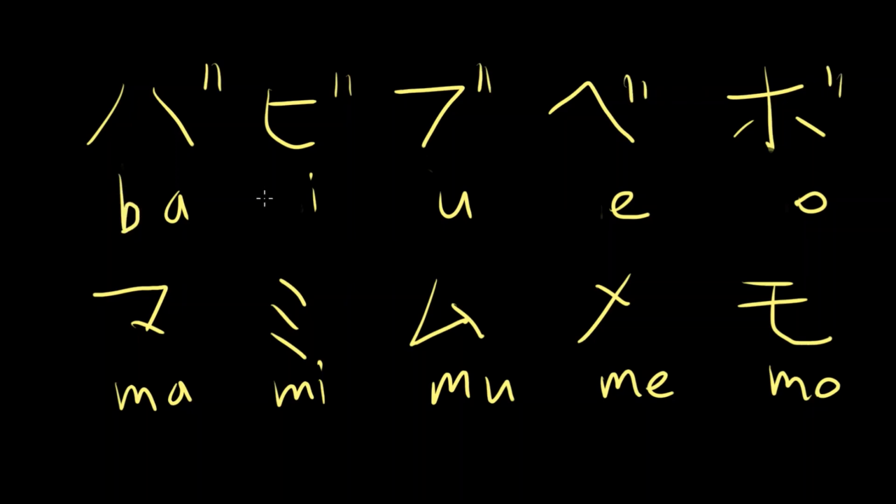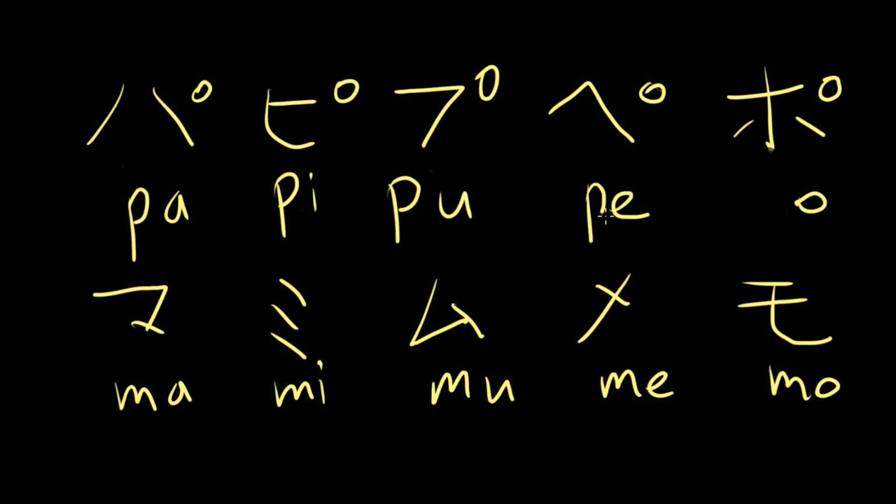So ba, bi, bu, be, bo. And if we use a maru instead, remember maru just means circle, we get pa, pi, pu, pe, po. Great.